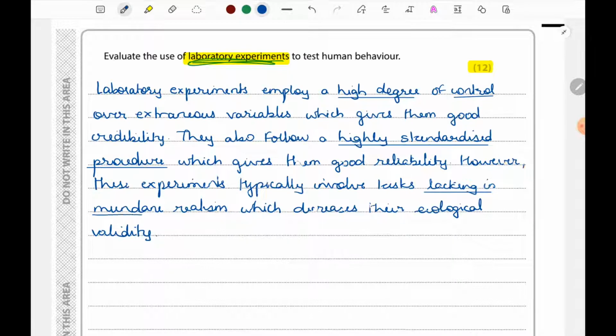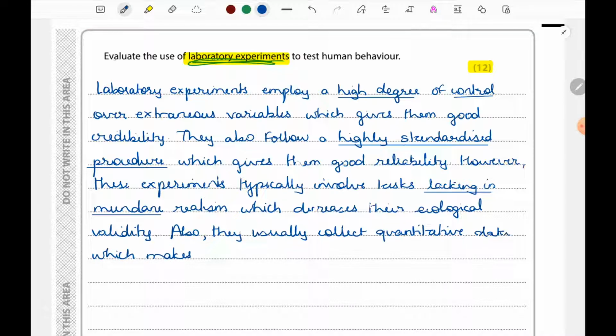Also, they usually collect quantitative data which makes their findings lack context and detail. Okay, so this is where my AO1 paragraph ends. Now I will come to the AO2 paragraph.